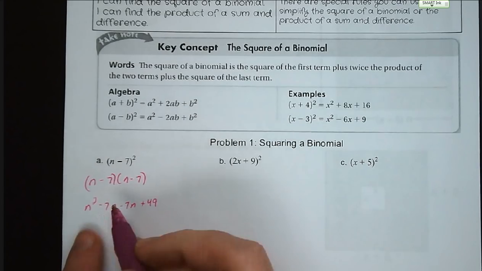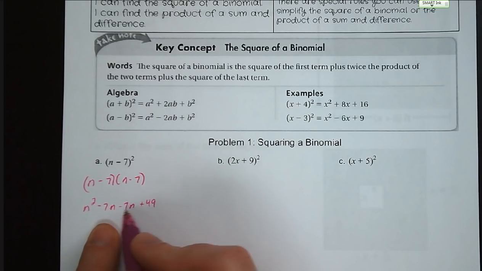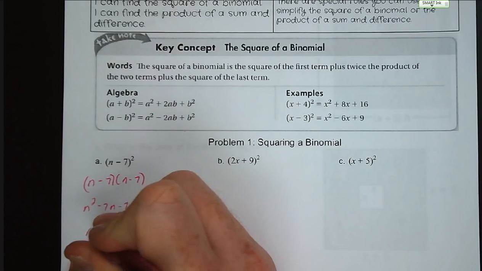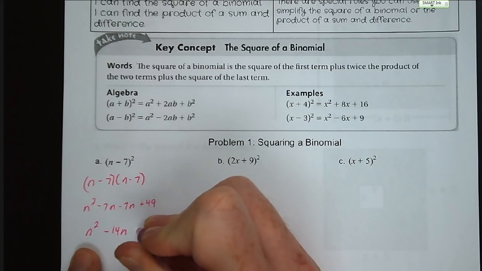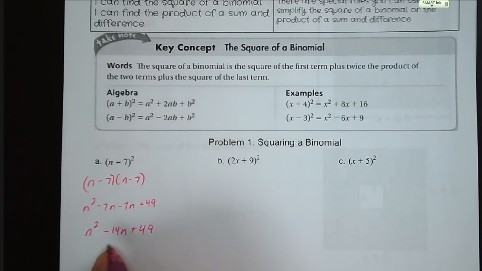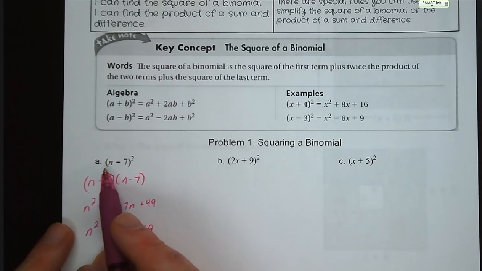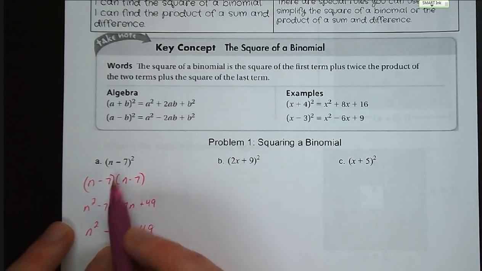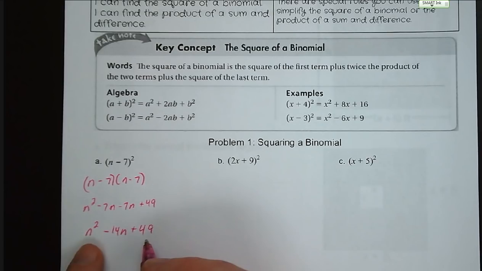Our first term squared, last term squared, and when we combine the middle two like terms, we have minus 14n plus 49. So the middle term is twice the product of the two terms, n times 7 times 2 is 14n, negative 14n. Okay, n squared minus 14n plus 49.